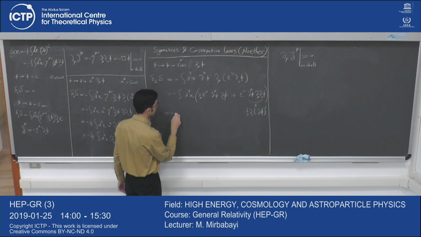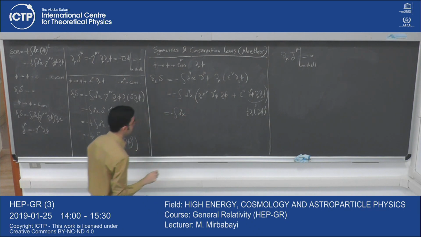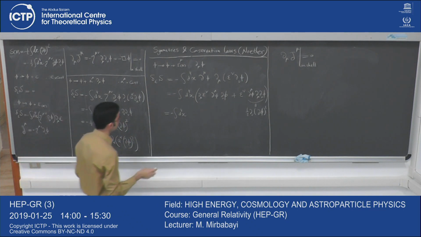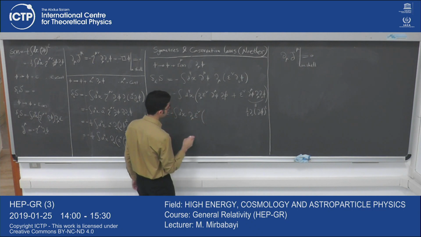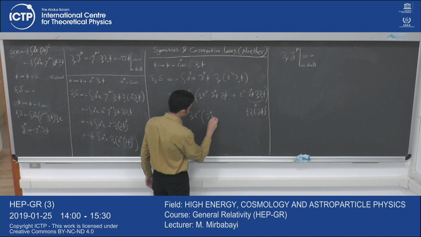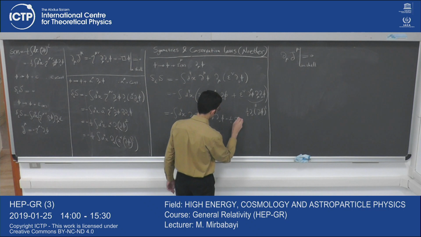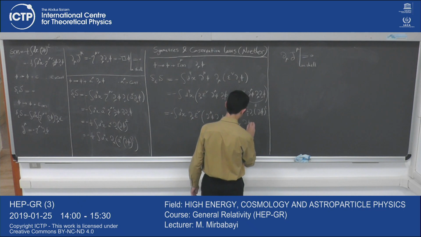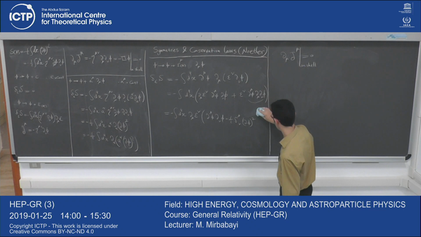So what I get is the integral d4x d mu epsilon nu times d mu phi d nu phi minus 1/2 epsilon delta mu nu times d phi squared, plus the total derivative.